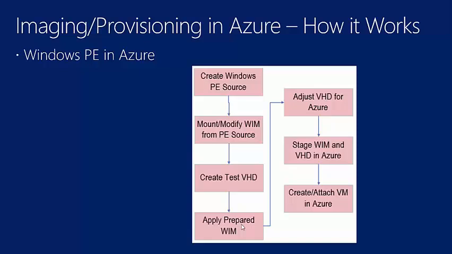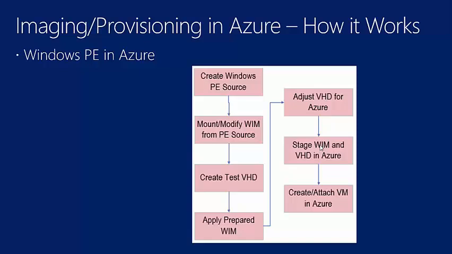You basically have visualization into what's going on through some things I'll show you, boot diagnostics and so on, but you don't have any hands-on. So making sure it works locally is really important. Then you can adjust the VHD for use in Azure and then stage both the new VHD now configured for Azure and also the WIM that you will use to image onto that VHD in Azure.